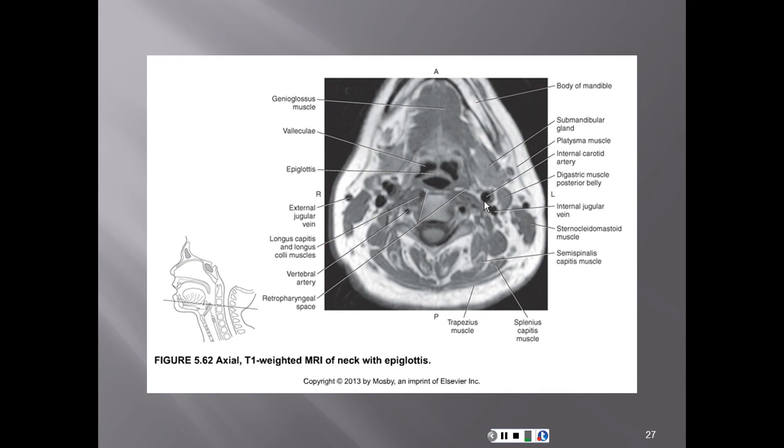Axial T1 weighted MRI of the neck with epiglottis. Of course, there is your epiglottis. Along the epiglottis is your valleculae. Genioglossus muscle. Base of the tongue muscle, of course. Retropharyngeal space, what they're calling here, and we know.